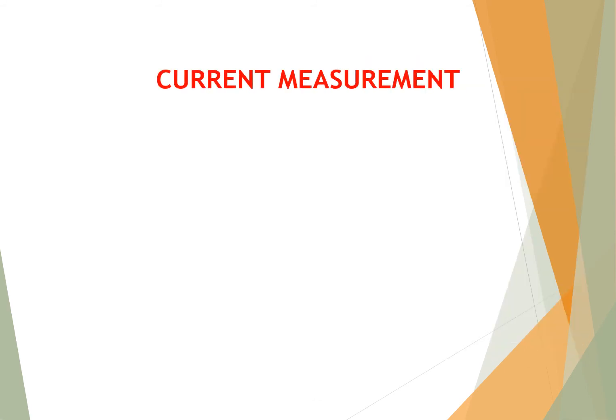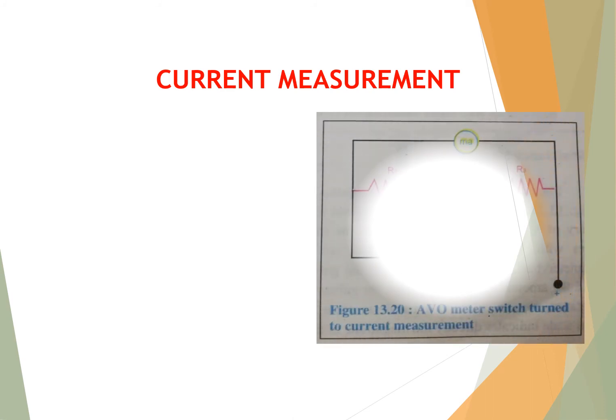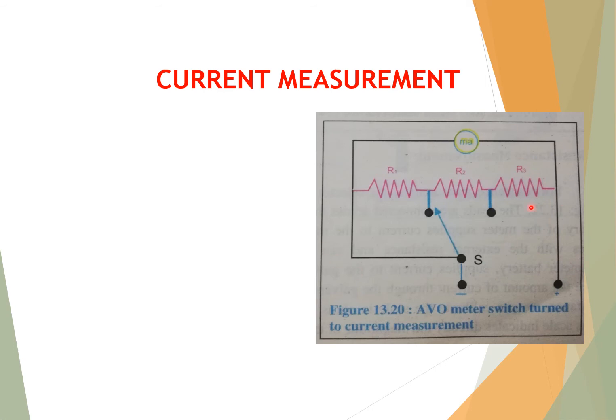Current measurement. When the selector switch of AVOMETER is connected with the current measuring instrument, we can calculate the current through it. Here is the circuit diagram of the current measuring instrument in the AVOMETER. We can connect the selector switch with any of the resistances that are connected in series. So when we connect this switch with any of the resistances, we basically connect the shunt resistance in parallel with the galvanometer.